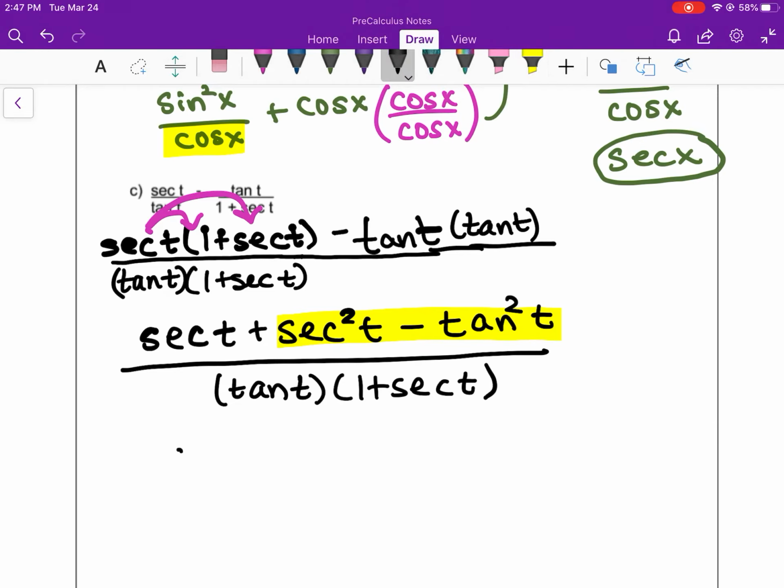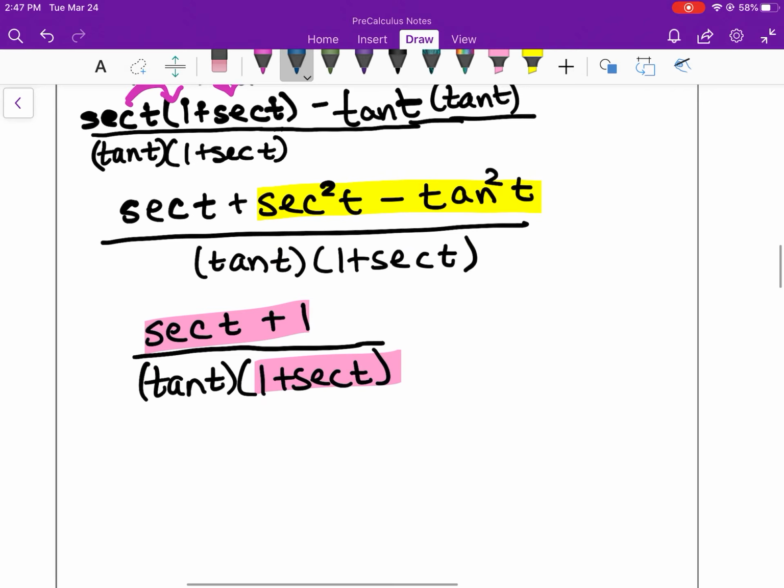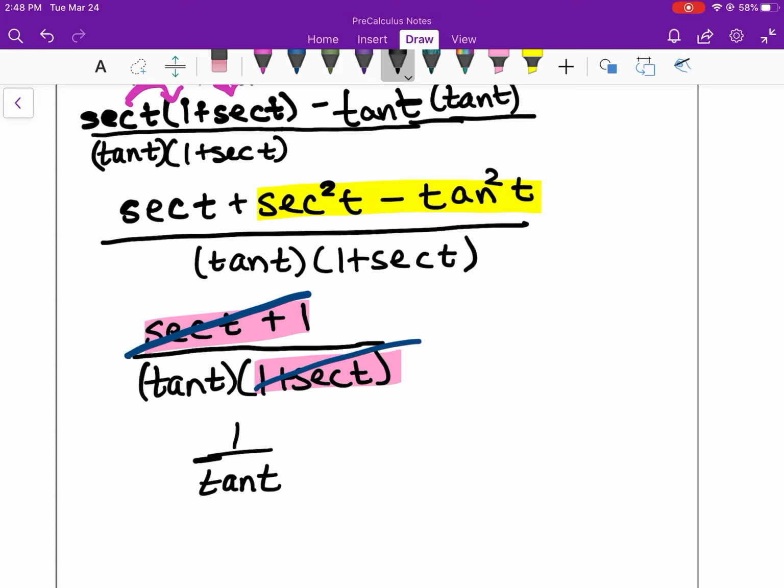So now I have secant t plus 1 over tangent t times 1 plus secant t. All right, these are exactly the same factor, so they're going to cancel out. And we get 1 over tangent t, which is cotangent t.